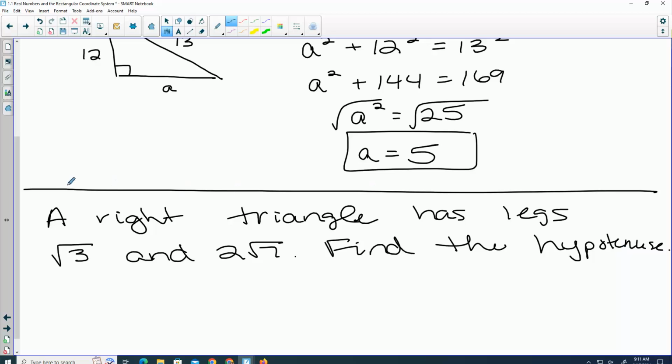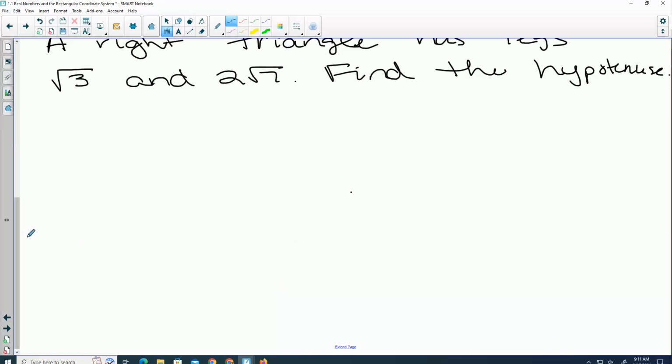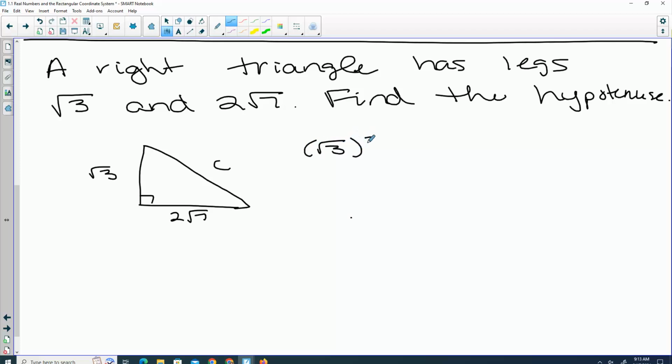I want you guys to take a second, look at this problem, see if you can figure it out. So a right triangle has legs of square root of 3 and 2 square root of 7. Find the hypotenuse. If I gave you the legs, which variables did I give you? A and B. So this time you're looking for the hypotenuse. So if you do square root of 3 squared plus b, 2 square root of 7 squared equals c squared.